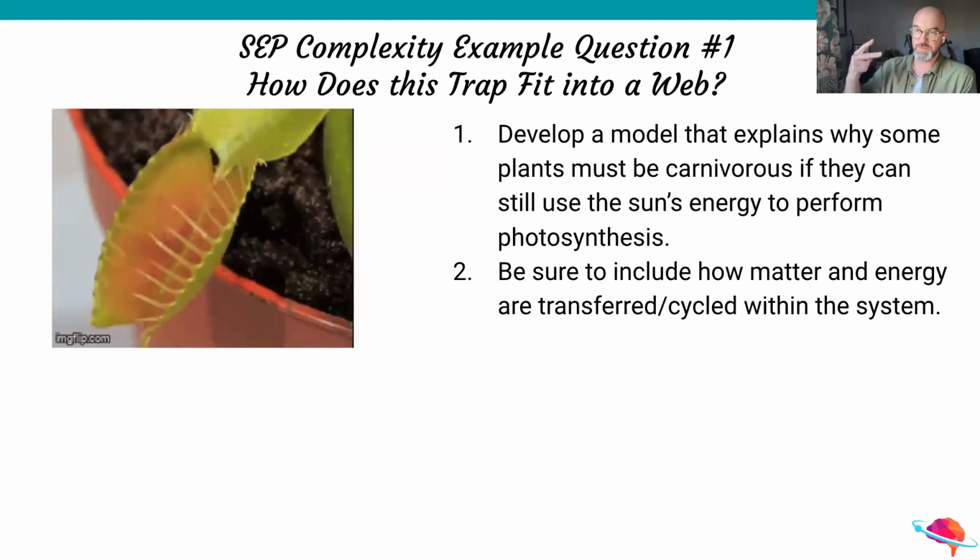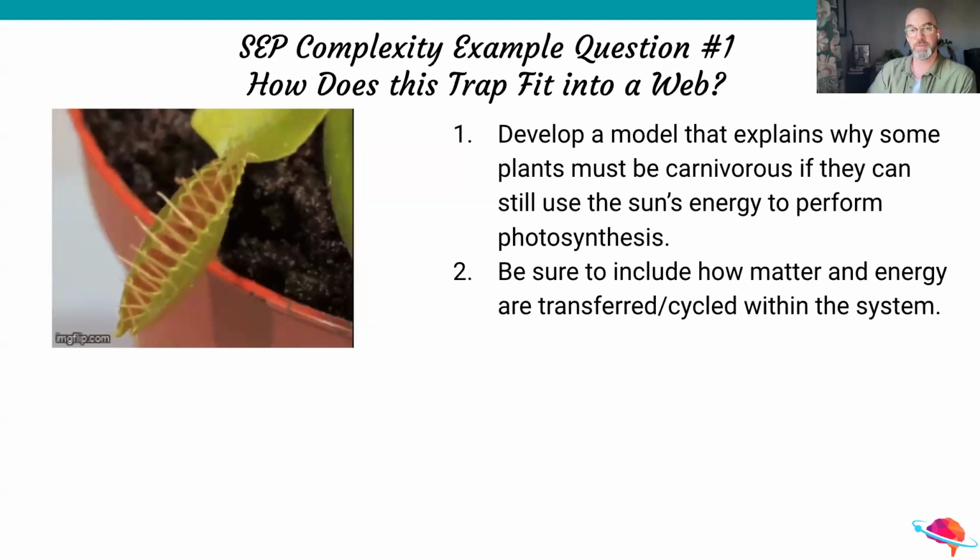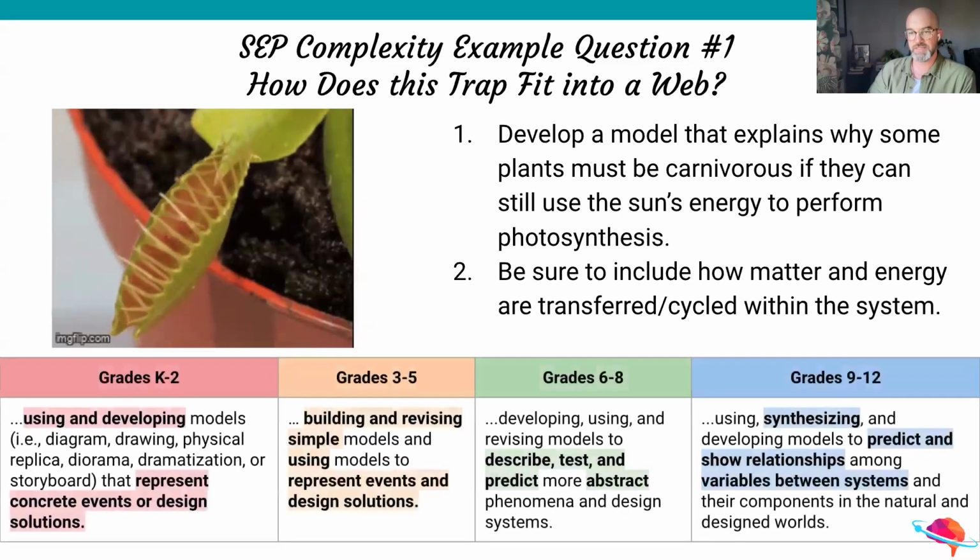The two different pieces of this question are: develop a model that explains why some plants must be carnivorous if they can still use the sun's energy to perform photosynthesis. And then be sure to include how matter and energy are transferred and cycled within the system. So we're going to look at the different levels of rigor at the different grade level bands.